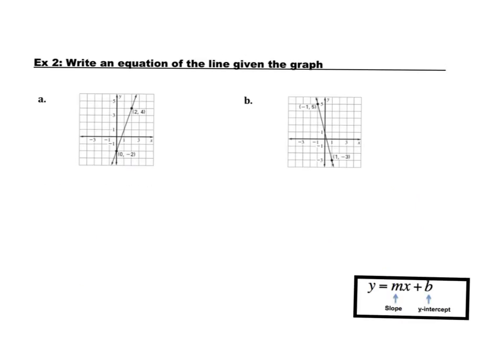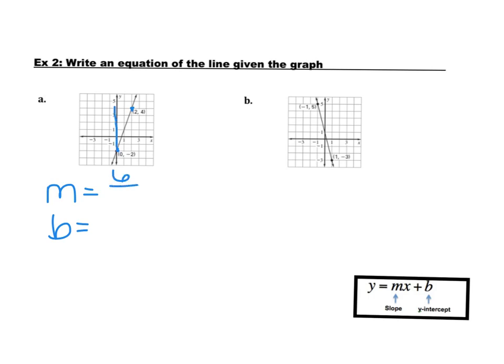For this next example, we're going to be writing equations from the line on the graph. So again, remember, you need two things in order to write an equation. You need the slope and you need the y-intercept. So I'm just going to place an m right here, and I'm going to place the b right here. All right, so we're going to find the slope. Remember, slope on a graph, you're going to be looking at the rise over the run. It looks like 2 points have been given to us. So I'm going to go up 1, 2, 3, 4, 5, 6.